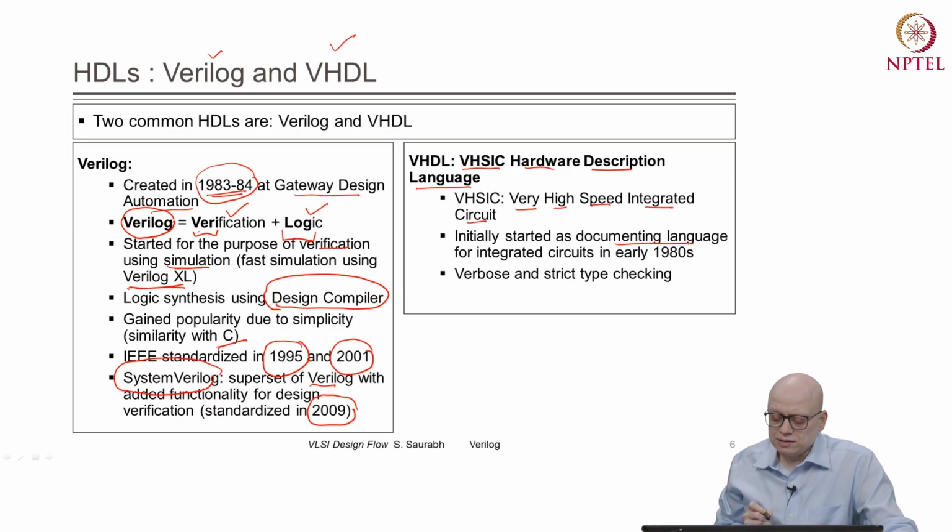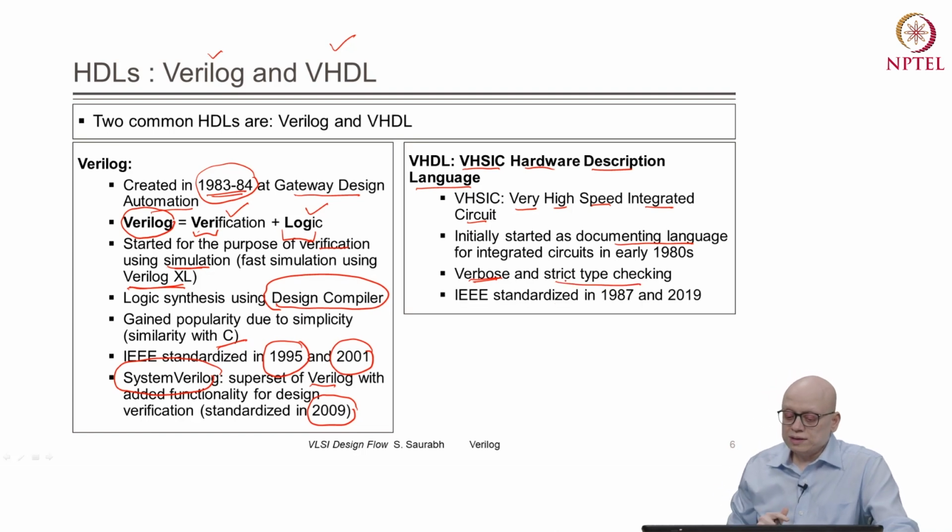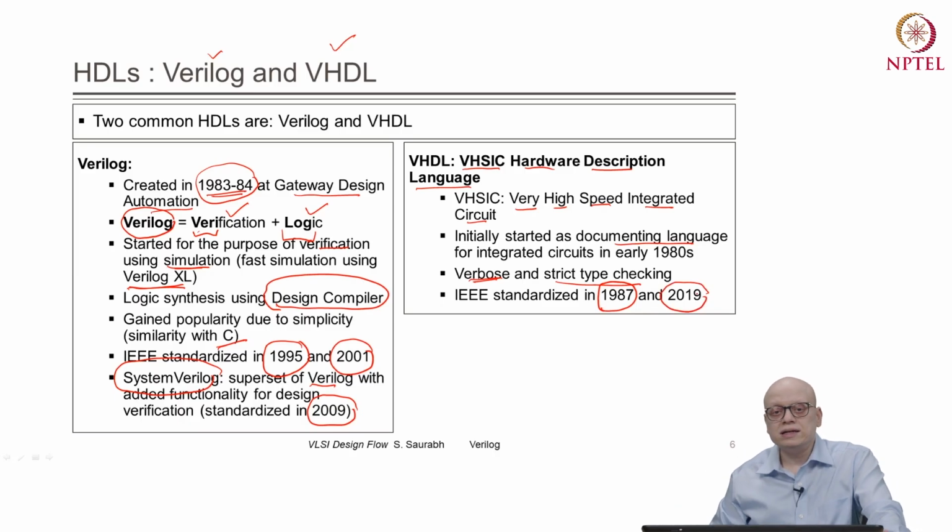Since it was more for documenting purposes, it is a very verbose language, and there is strict type checking in VHDL. VHDL was initially standardized by IEEE in 1987 and recently in 2019. VHDL is also a popular language for modeling hardware.